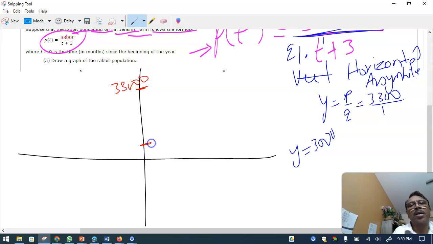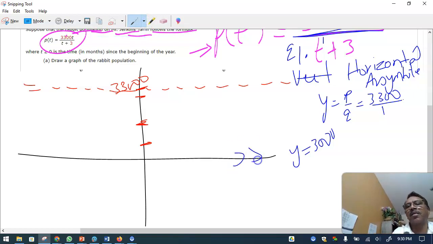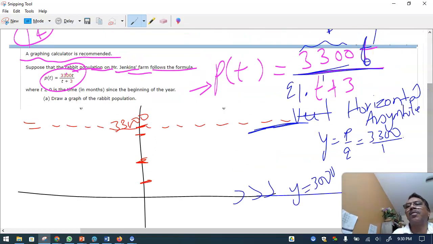Maybe this is 1000, this is 2000, this is 3000 and something like that. So there is a horizontal asymptote at 3300. As the months pass by, as x increases, the graph has to approach here. That's what it means.